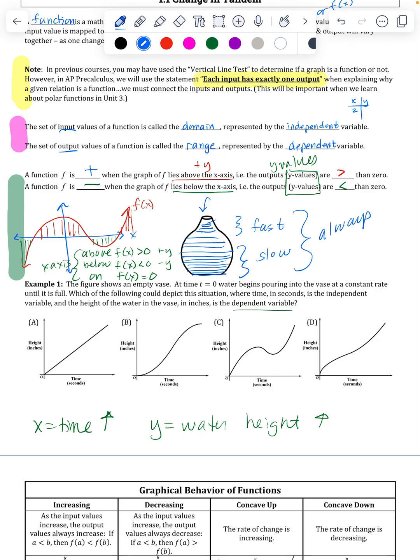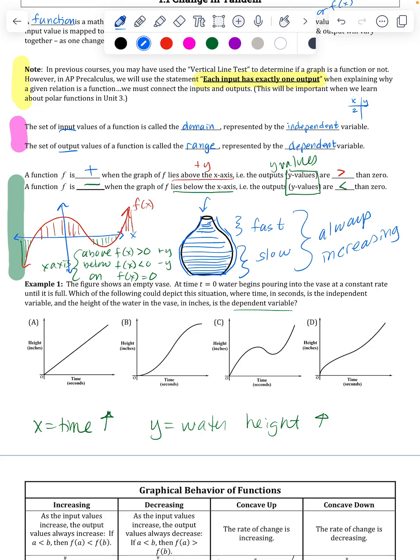So we need to find a graph where the height is always increasing, starts at 0, and at first you have a region of kind of slower height growth, and then towards the end of the time, it would get taller faster, or higher faster.